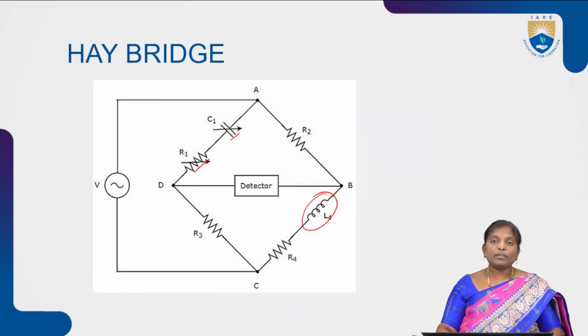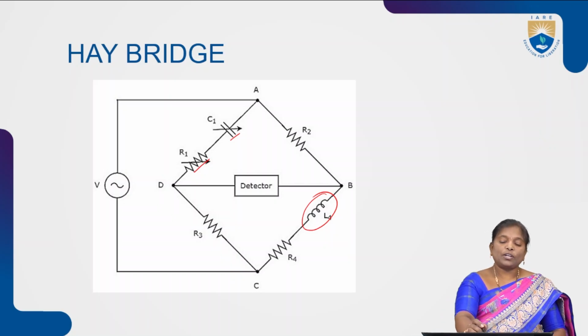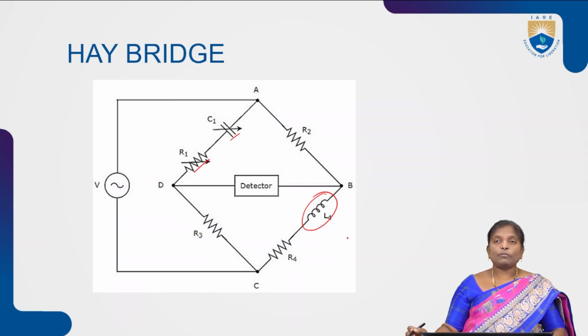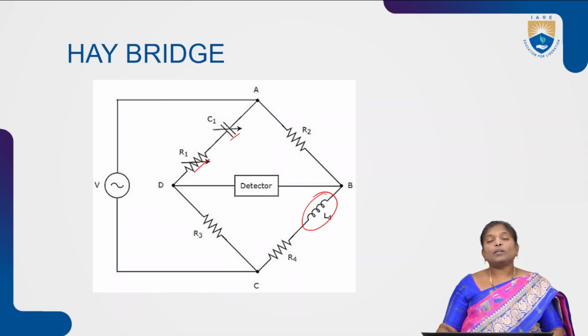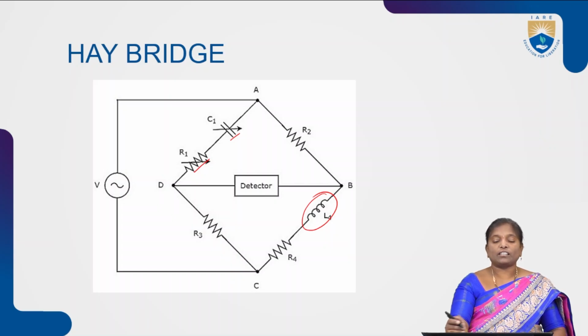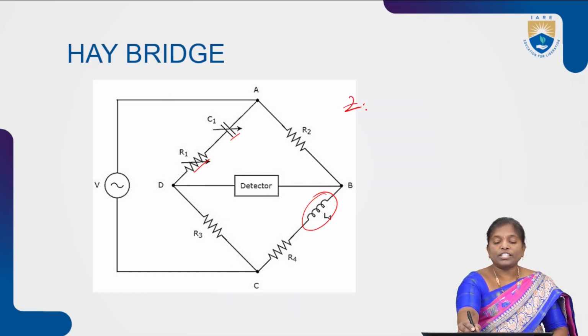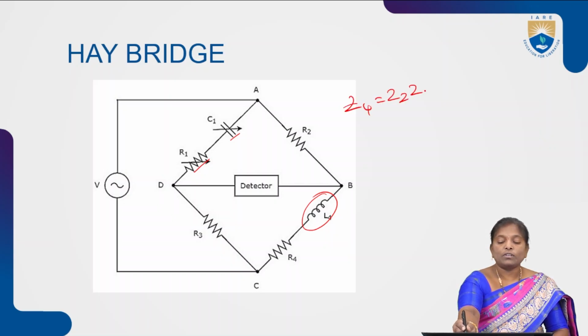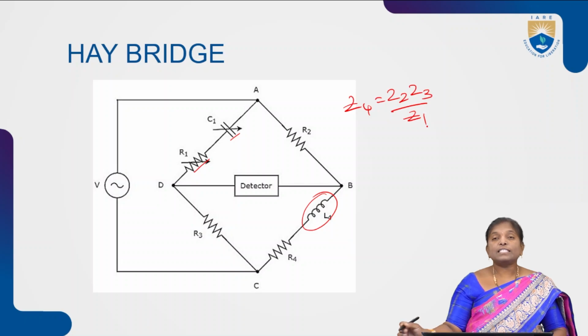In this Hay bridge also, to measure this unknown parameter, we have to find out the balanced bridge condition. Why? Because if the bridge is in the balanced condition, then only we can measure the unknown parameter by substituting all the four impedance values in the balanced bridge condition. So the balanced bridge condition is Z4 equal to Z2 Z3 by Z1.